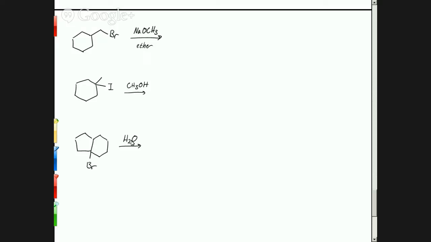All right, so we have to think about what is going to substitute and why. This is a substitution reaction. What substitutes for what? The bromine's the leaving group, so we're going to get rid of that, and what's going to end up in its place? OH.